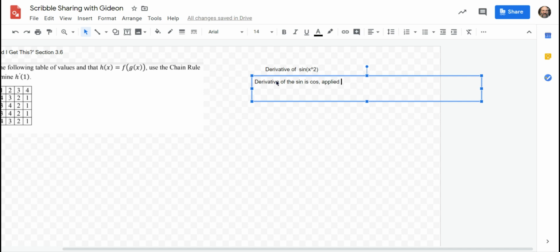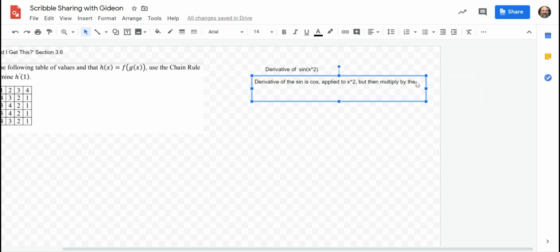You apply it to x squared, right? You don't change the thing on the inside. You change the outside. Sine became cosine because you took the derivative of sine. You apply it to the x squared, but then multiply by the chain term, right? There's always that chain term at the end.